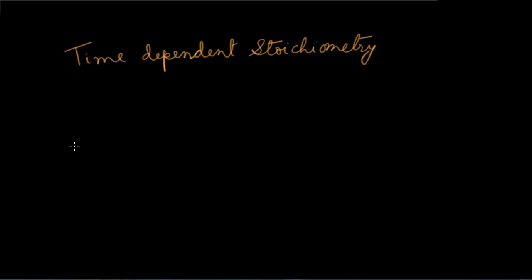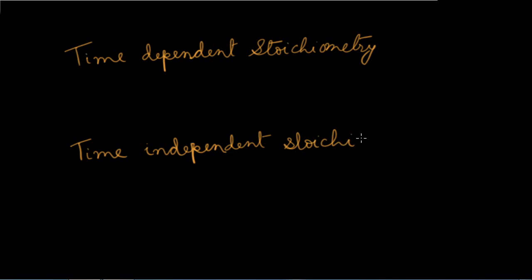We say that those reactions follow time dependent stoichiometry. And for those reactions where the stoichiometric coefficients are always constant throughout the reaction, in that case we call that as time independent stoichiometry.